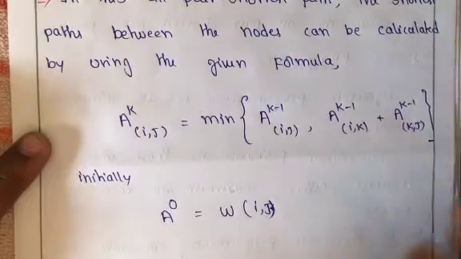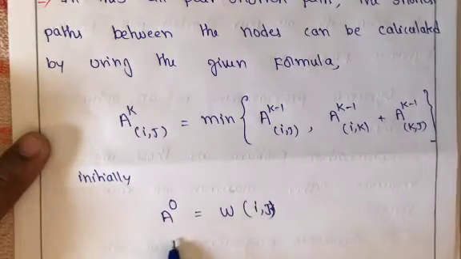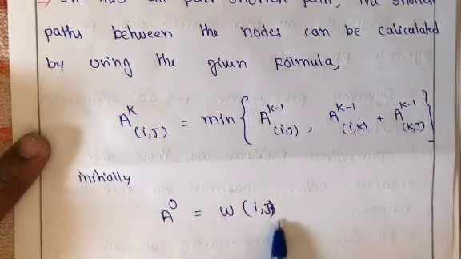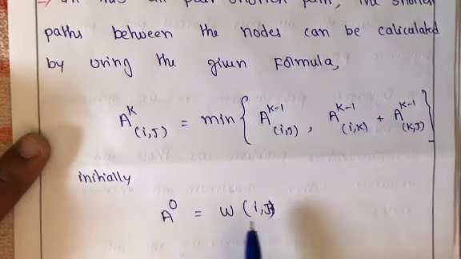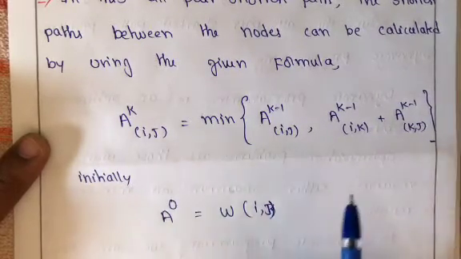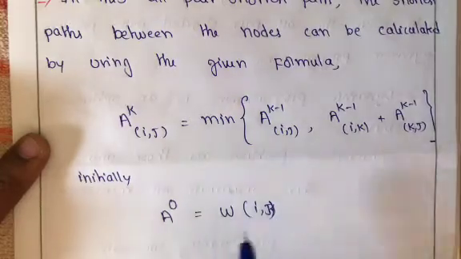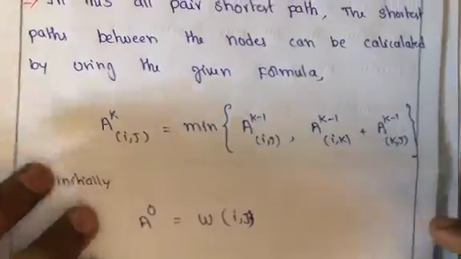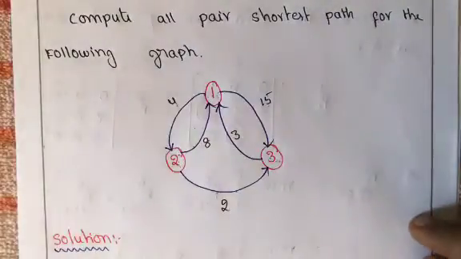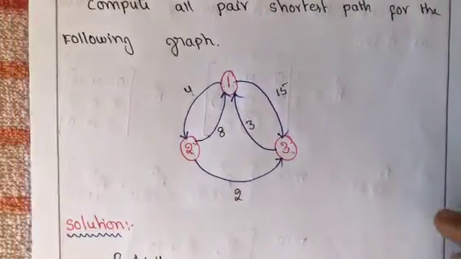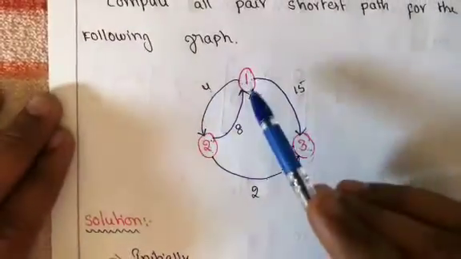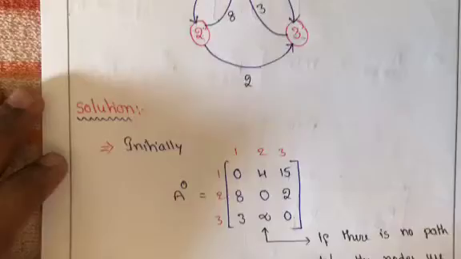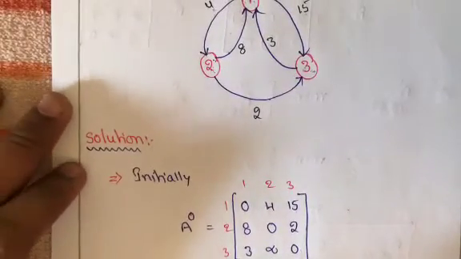So initially A0 is the matrix that can be built as the weights of i comma j, that is the initial weights between the pairs of vertices, right? So for example, here it is a given graph that contains 3 vertices. So I need to build A0 as a 3 cross 3 matrix.